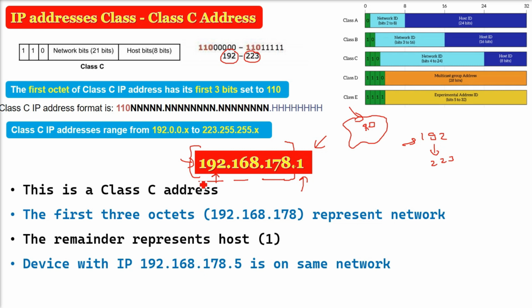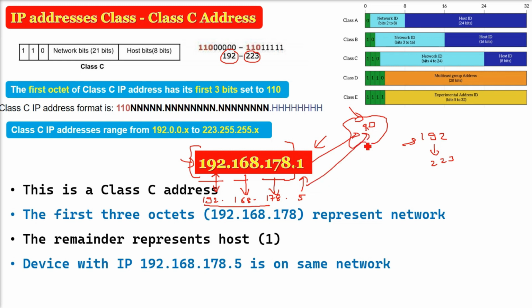How do we know that a certain device is on the same network or not? If I write 192.168.178.5, the first three octets, 192, 168, 178, belong to the same network, because the first three octets are matching.